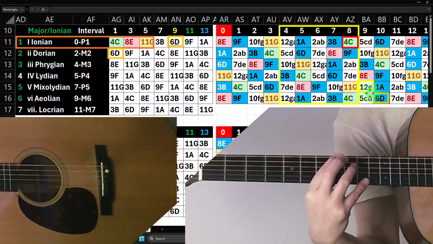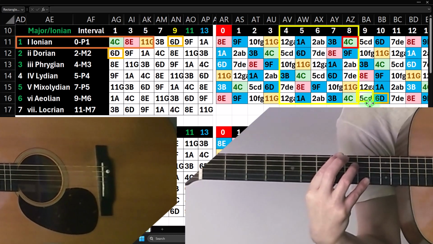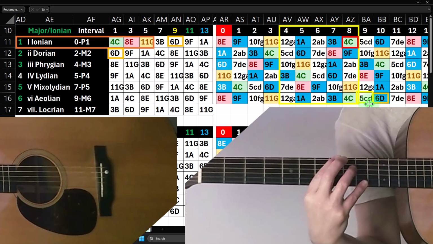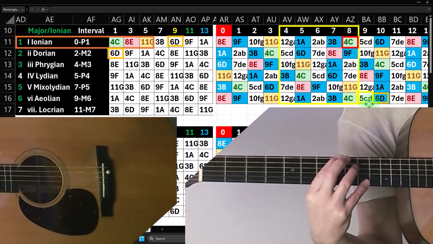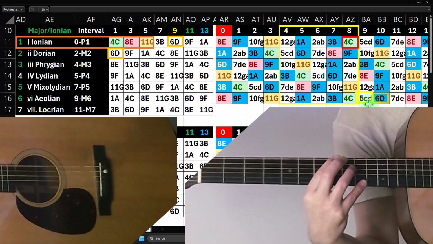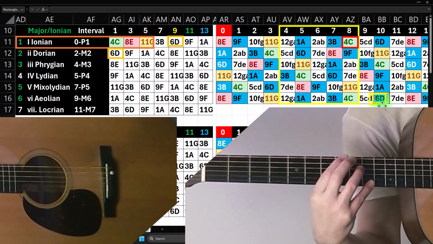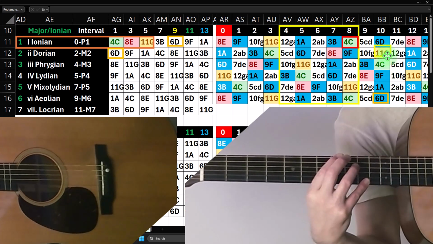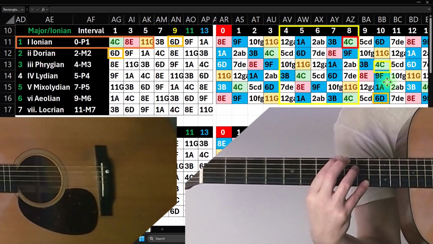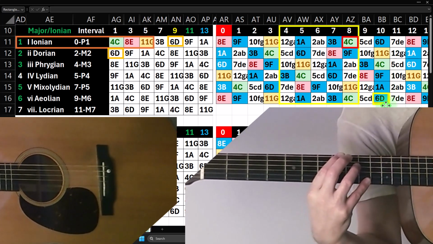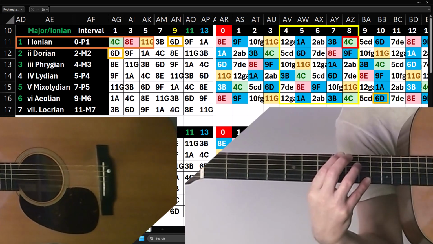Then 8, 9, 10, 11, 12, 13. Then you bring it down: 13 minus 12 is 1, plus 1 is 2, right? But we'll probably find that one by just saying, hey, look, I could find it up here, and therefore the same is going to be the octave down here on this string.